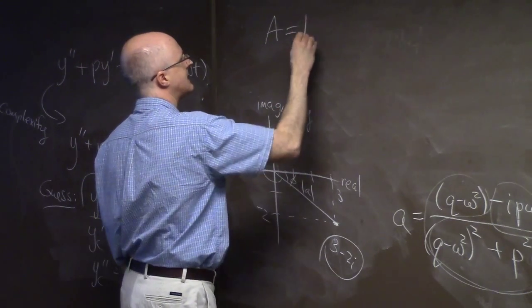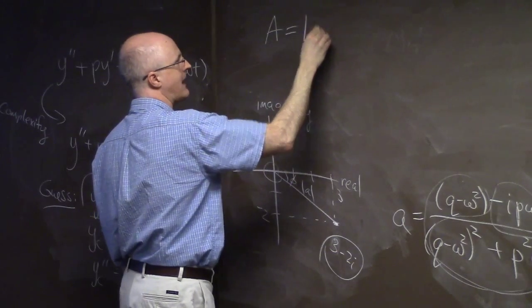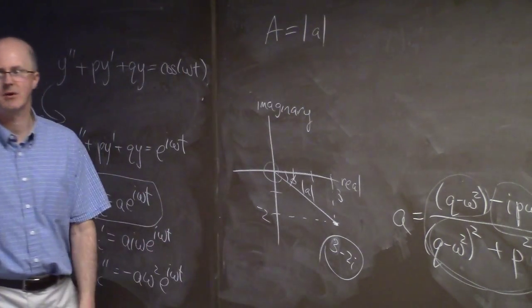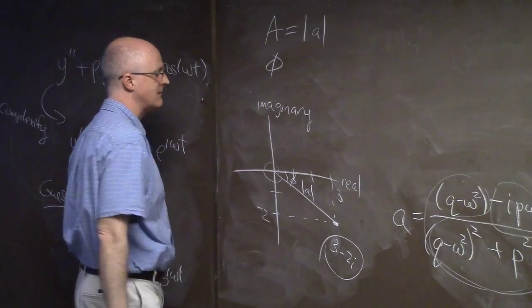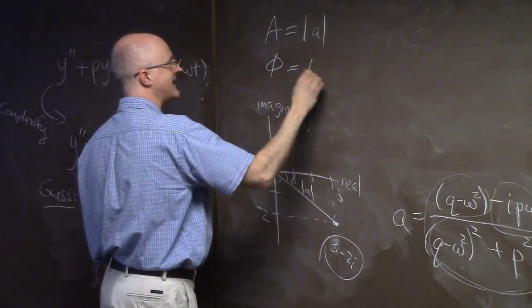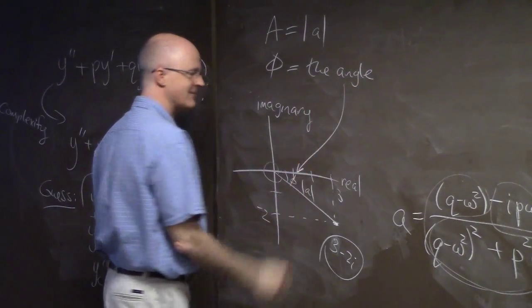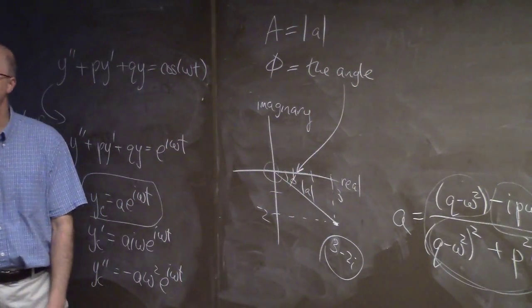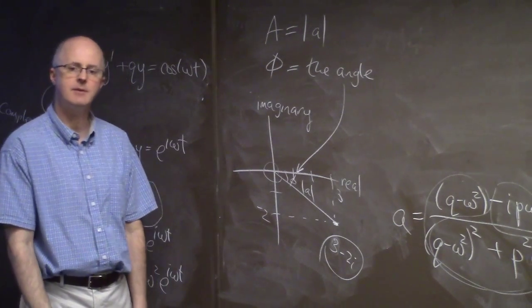So little a, or capital A, the amplitude we're going to get is the same as the modulus or absolute value of a, and the phi can be taken to be the angle that I've drawn down there, which you can typically find with the arctangent function, though you have to be careful when you find it with the arctangent function.